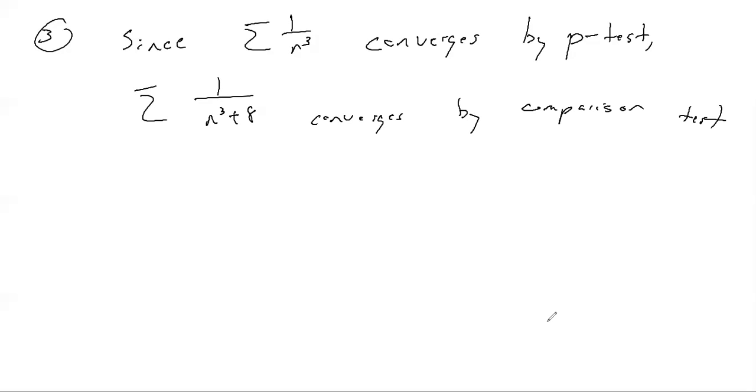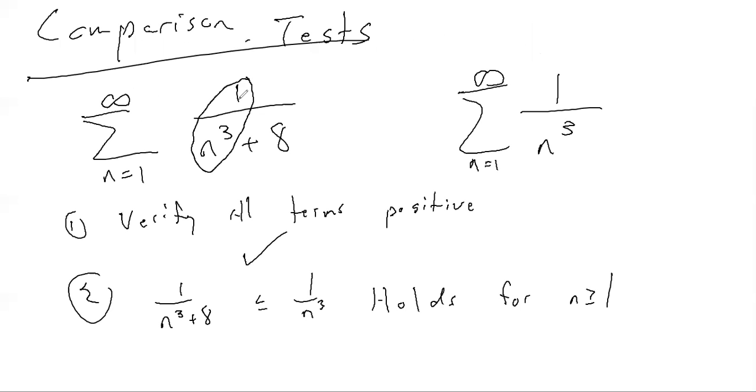Okay, so again, we're starting with this series here, 1 over n cubed plus 8. We're comparing it to this series, 1 over n cubed. We need to check that all terms are positive. We checked that, and we checked that this inequality holds for all n. It doesn't have to be anything too involved to verify these first two conditions, but we do need to check them.